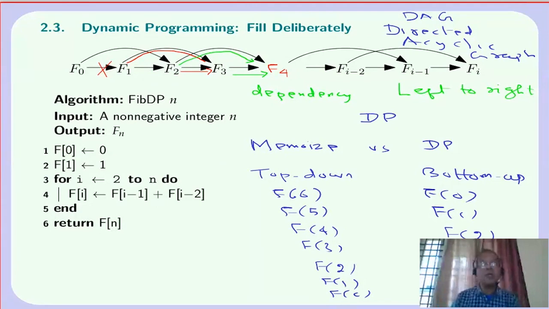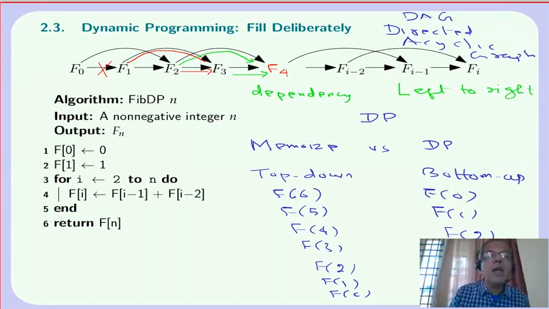So whenever we come to solve a subproblem, the smaller subproblems on which it depends are already solved. So arrange the subproblems from the smallest subproblem to the largest subproblem. The largest subproblem is the given problem. And solve them in that order. First solve the smaller subproblems, using them solve a larger subproblem, using them solve still larger subproblems until we solve the largest subproblem, which is the given problem.